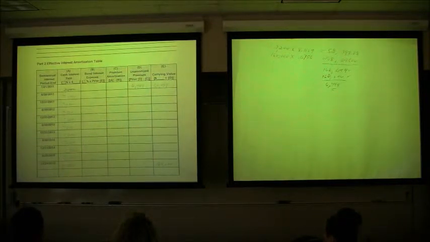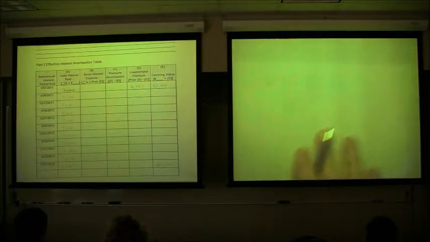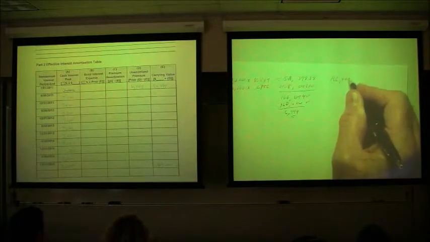Now, we're also going to use what's called the effective interest rate. So in this case, what we'll do is we'll get 166,494.